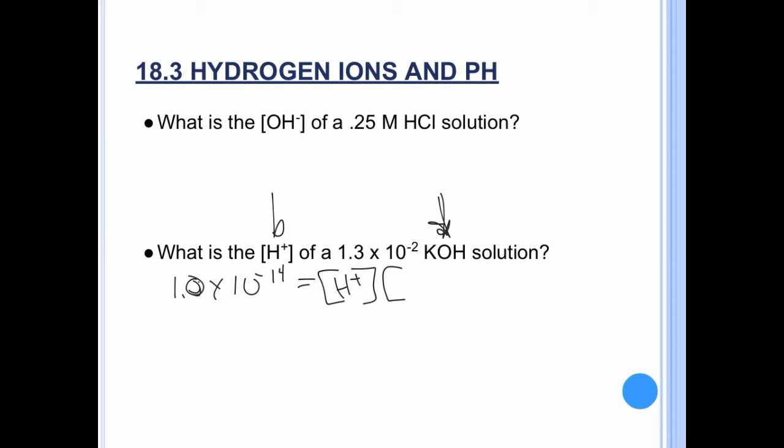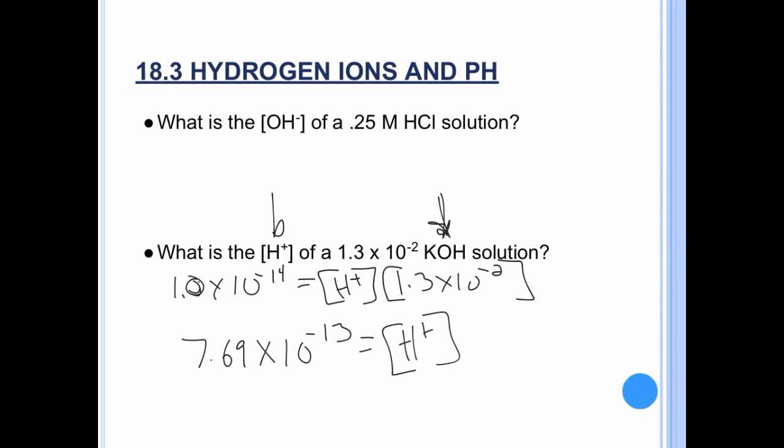But if it just gives you the concentration, assume it's a strong acid or a strong base. So we've got 1.3 times 10 to the negative 2 as the concentration. So we divide both sides out, and we end up with 7.69 times 10 to the negative 13th equals the hydrogen concentration.